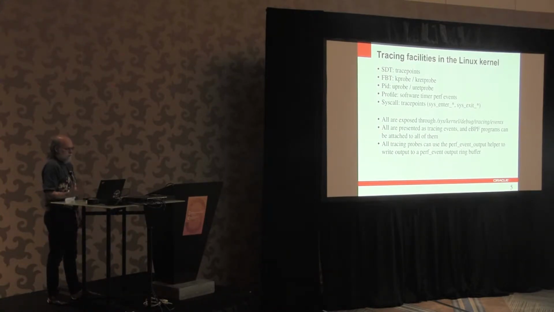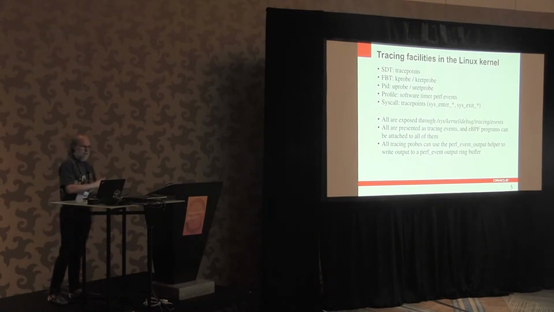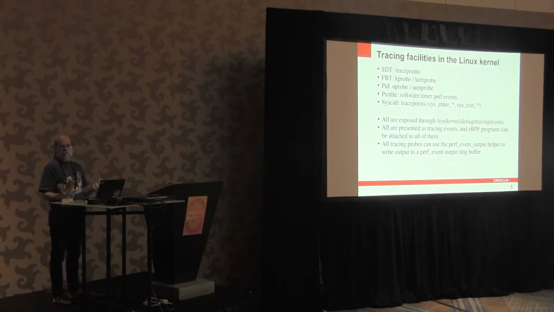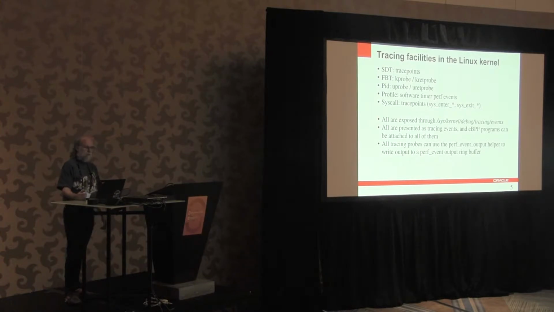So what we have in DTrace, which is the statically defined probes, trace points are pretty much the same thing. So we started looking at which trace points we can use to provide the same static probes. And if we can't, can we maybe suggest adding some more trace points that would fit what we need. Function boundary tracing: you have kprobe, you have kretprobe. Same thing. It's entry into a kernel function, return from a kernel function.